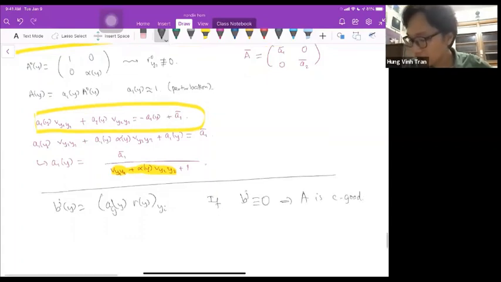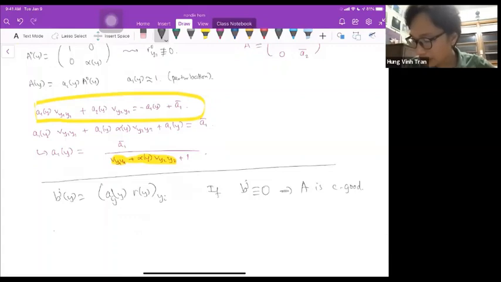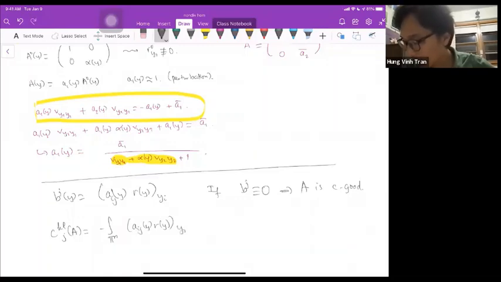But in general, no. And then CKLJA is equal to the integral in the torus of minus of AIJY RY YI VKLY dy. Okay, and if we write it also in the framework by using this notion of BJ, it's going to be BJY VKLY dy.